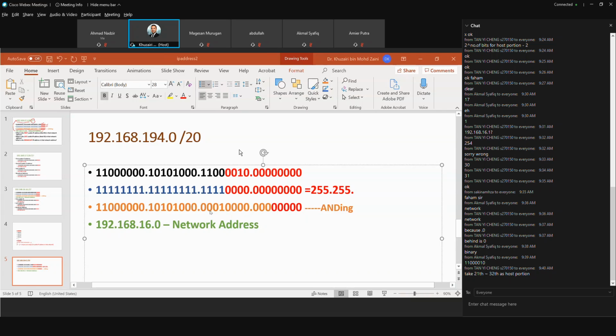So 128 plus 64 plus 32 plus 16, so it becomes 240.0.